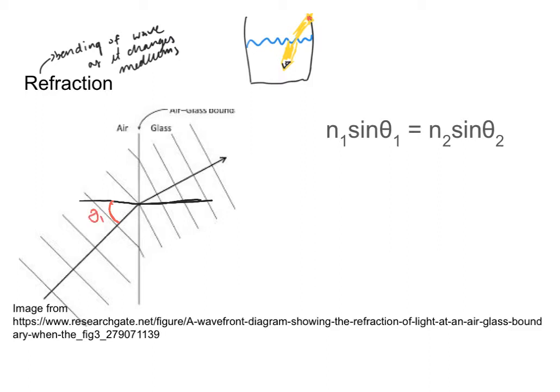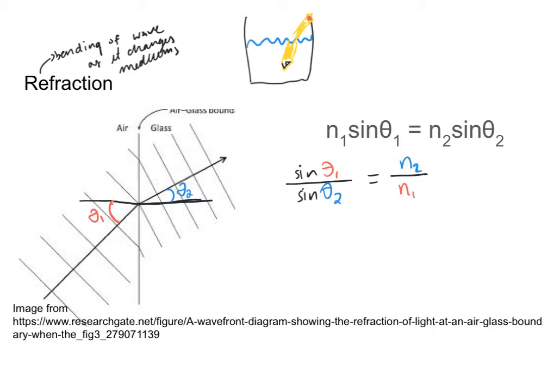So if we call this theta 1 and this theta 2, what we'll actually find is that the sine of theta 1 divided by the sine of theta 2 is equal to the index of refraction for glass, so for my second medium, divided by the index of refraction for my first medium, or more clearly, n1 times the sine of theta 1 is equal to n2 times the sine of theta 2.